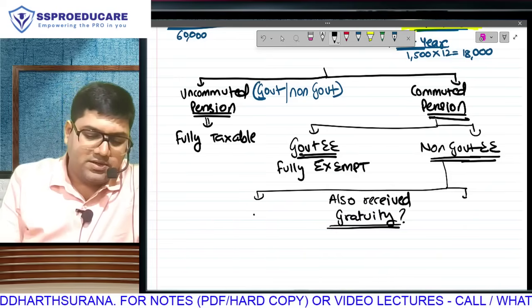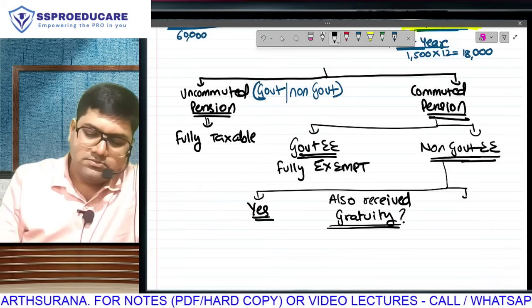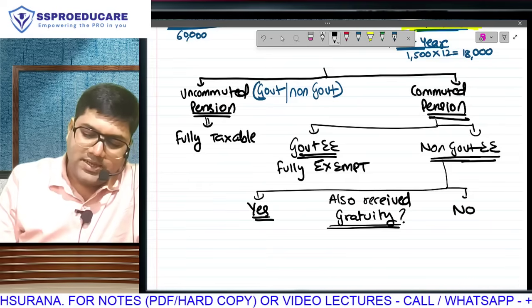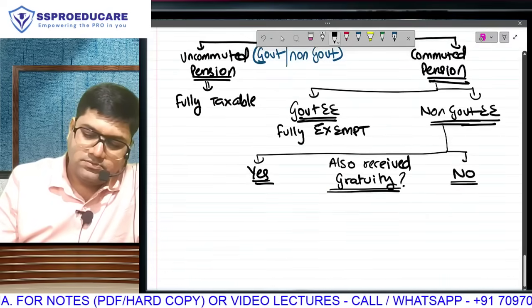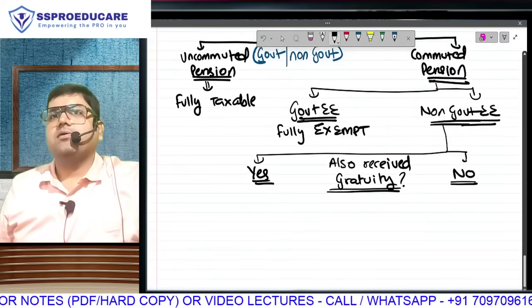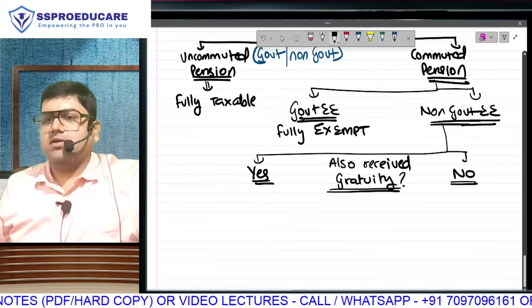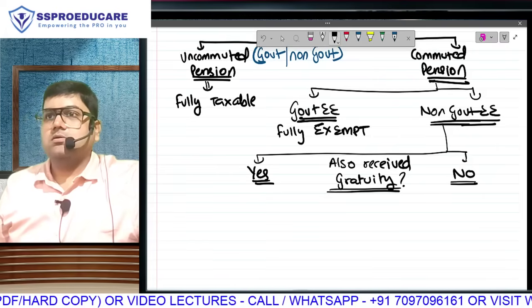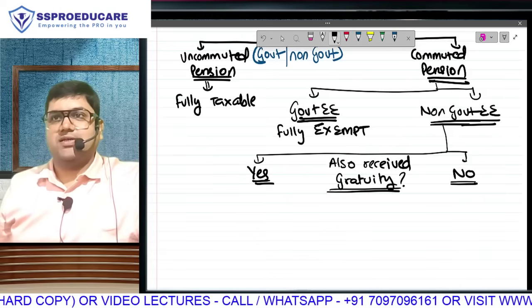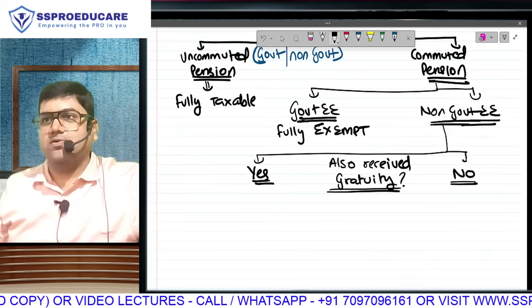The options are yes or no. Is this a retiring employee? At the time of retirement, you can obviously receive pension, plus you are also receiving gratuity, or you are only receiving pension but no gratuity.